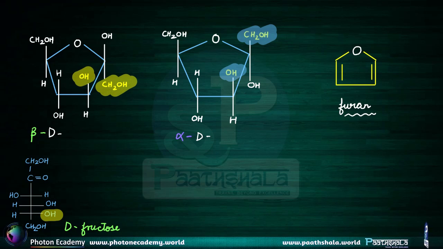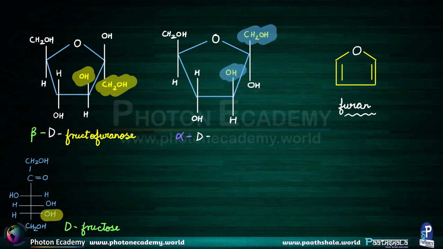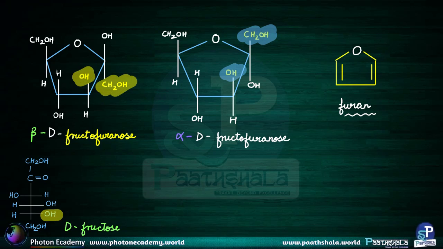The beta D, we can call it fructo, and then we can put the name furan, and I call it fructofuranose. Similarly, the alpha one will be called alpha D fructofuranose. So this furan over here is helping us in a better naming of the alpha and the beta form respectively.